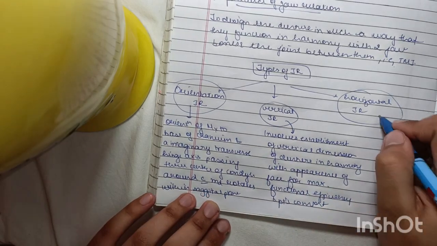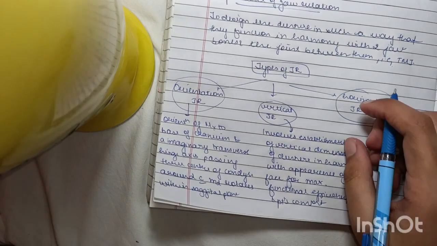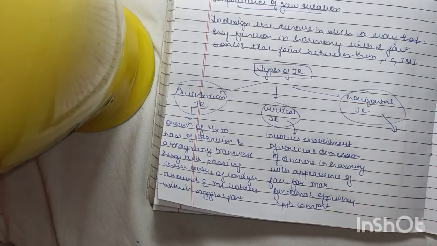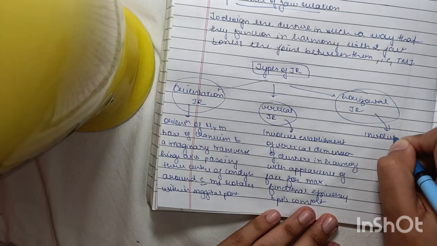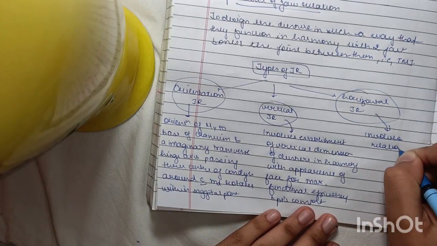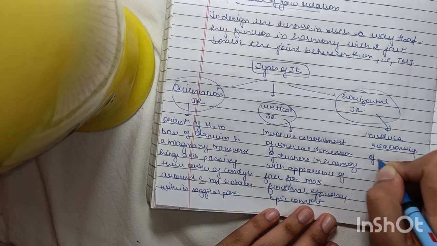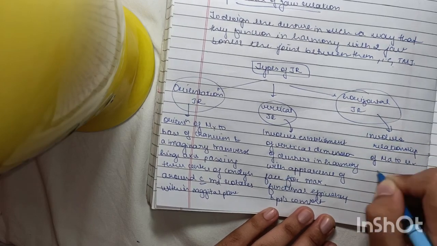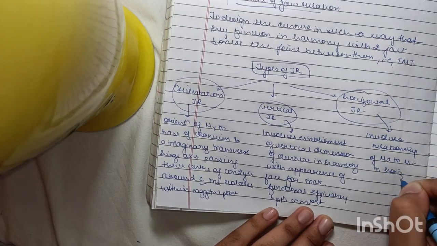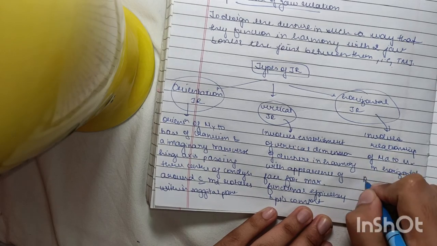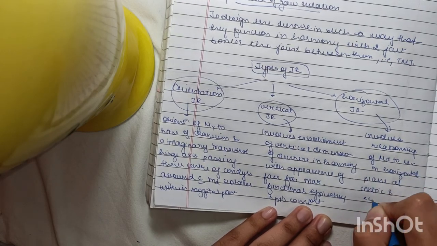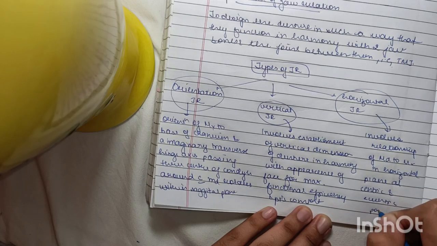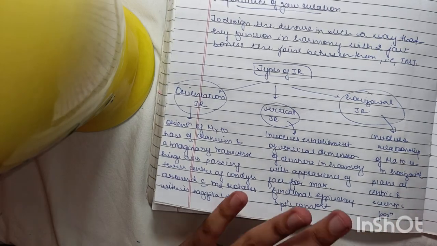All right. Now horizontal relationship, just as the name tells you, the relationship of mandible to maxilla in the horizontal plane. So horizontal relationship involves relationship of mandible to maxilla in horizontal plane at centric and eccentric position. Now, very important, centric and eccentric position.